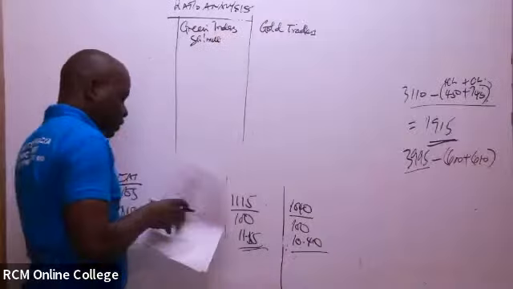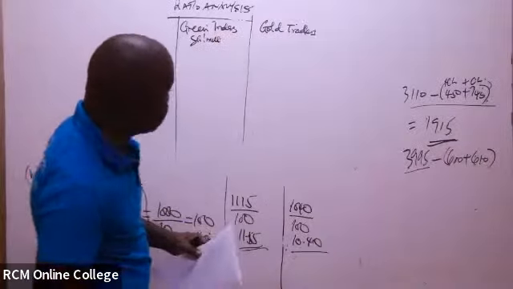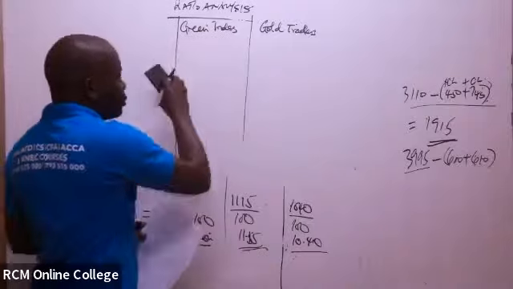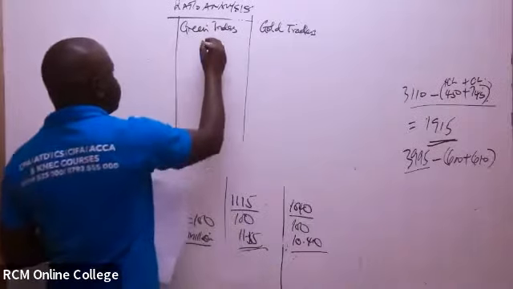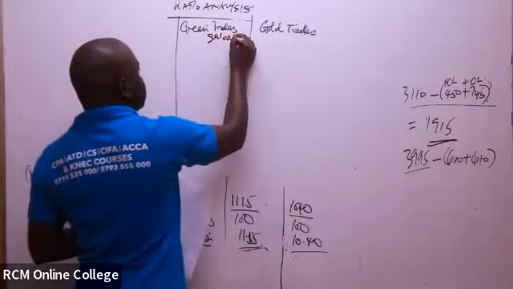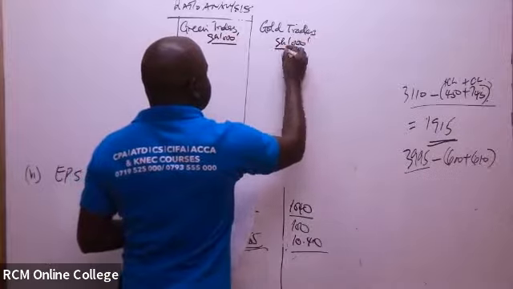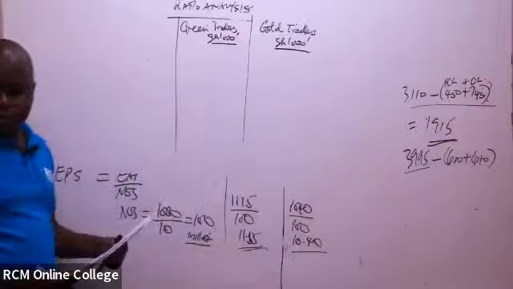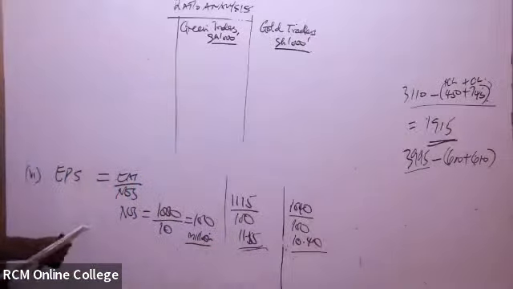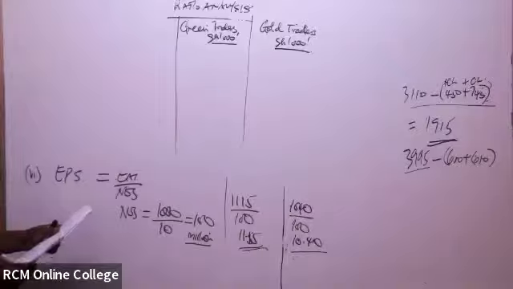Is it in millions or in thousands? It is in thousands. We'll be computing the ratios in shillings of thousands.